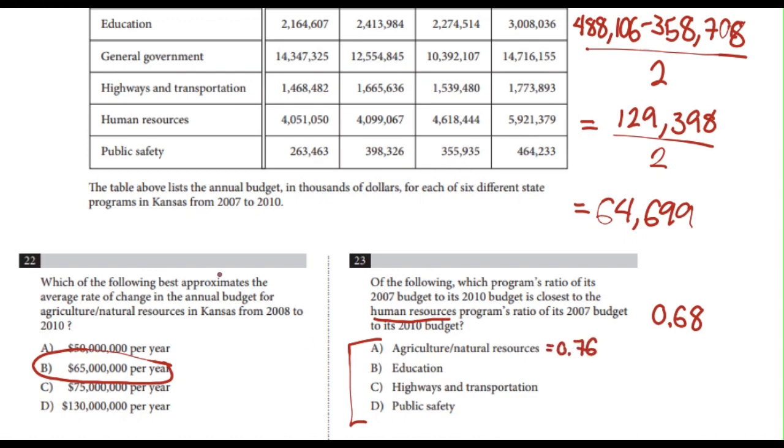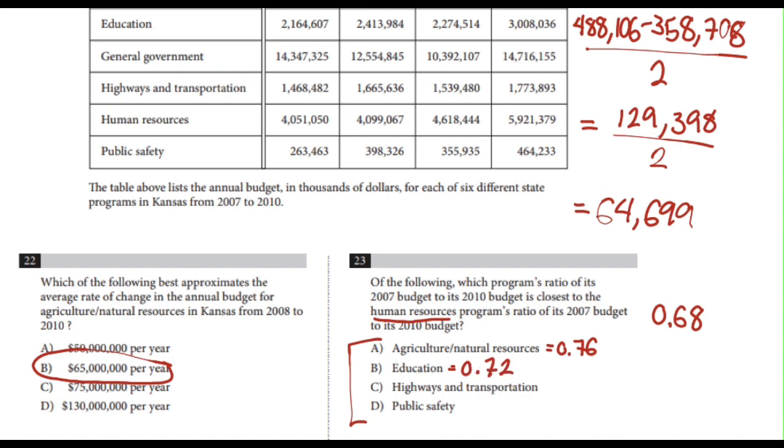Next, we're going to do the same thing with education: 2,164,607 divided by 3,008,036. And here we get 0.72.